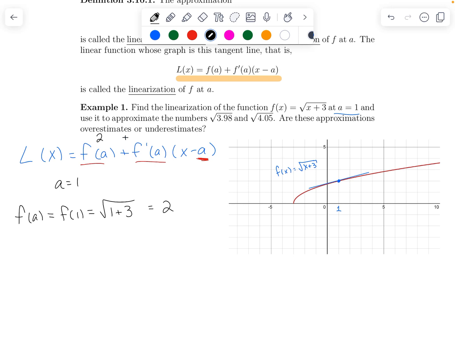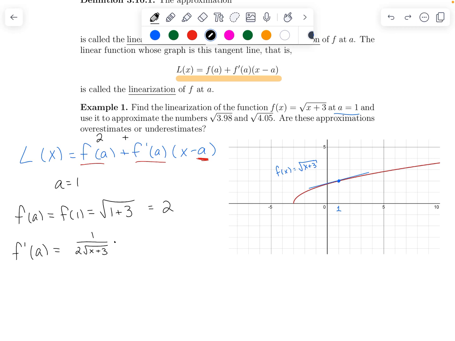Now I've got to figure out what's f prime of a. So I need to take the derivative of this function, square root of x plus 3. F prime of a is 1 over 2 root x plus 3 times the derivative of the stuff inside there. If we chain rule it, it's times 1.